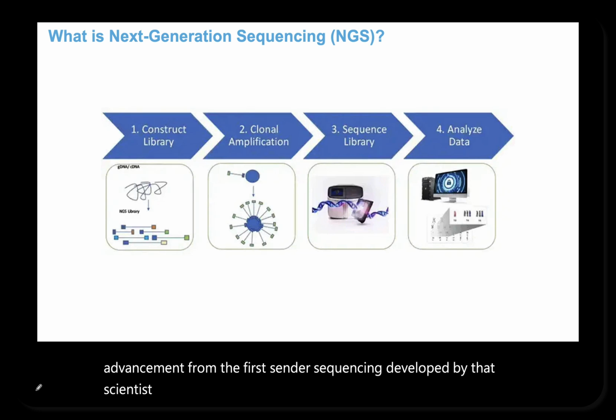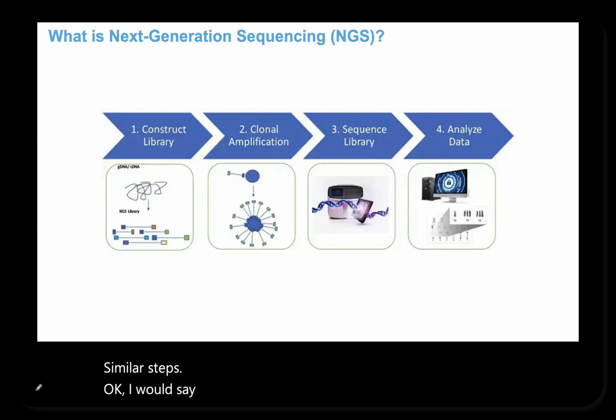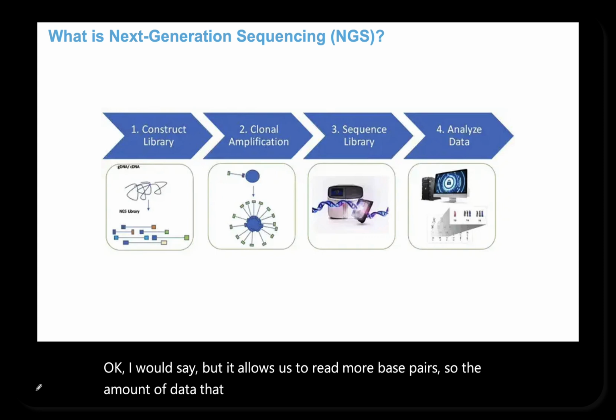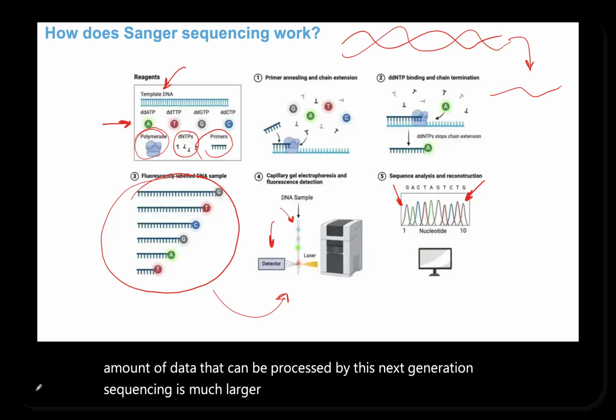Next generation sequencing involves similar steps, I would say, but it allows us to read more base pairs. So the amount of data that can be processed is much larger compared to Sanger sequencing.